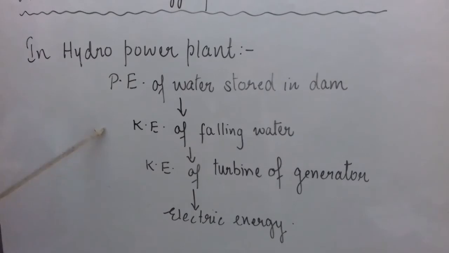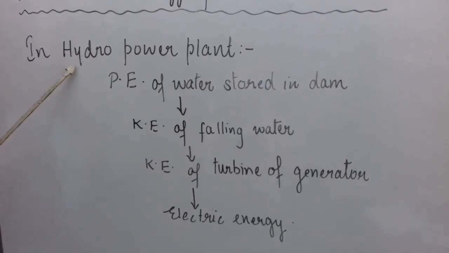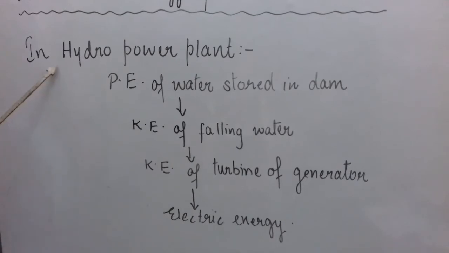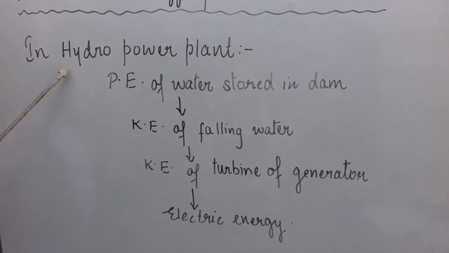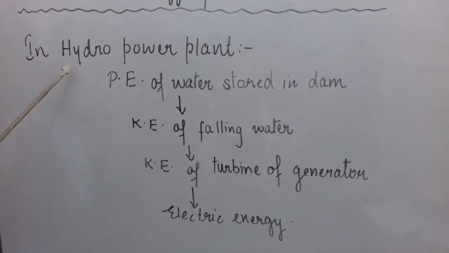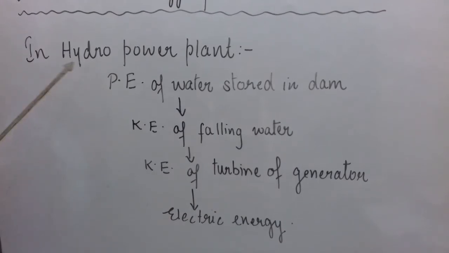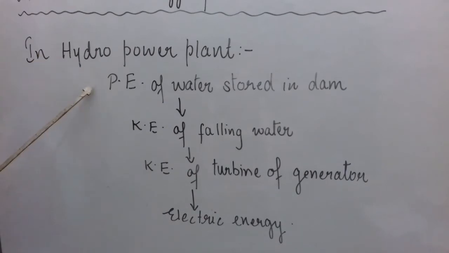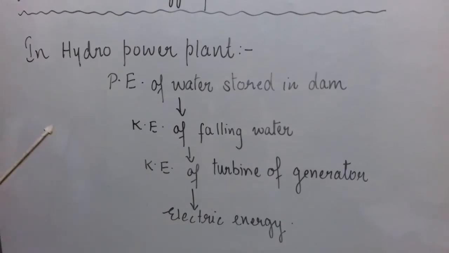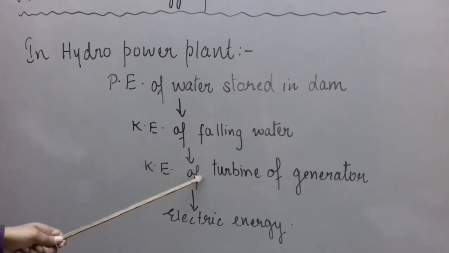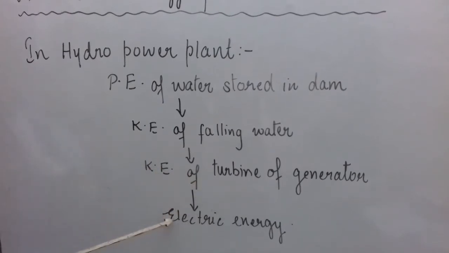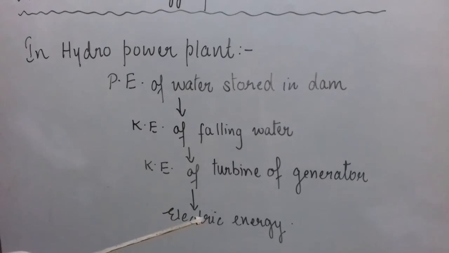For example, when you consider a nuclear power plant, you will study in higher classes that there are two types of nuclear reactions, nuclear fission and fusion reactions. In nuclear power plants, nuclear fission reaction takes place. So we can say nuclear energy gets converted into heat energy, which gets converted into kinetic energy of the turbine of the generator, and that gets converted into electric energy.